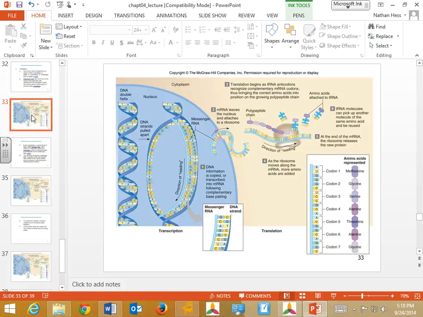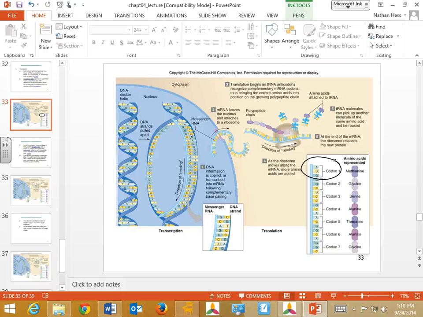And you can see that these 3 bases are called a codon. I'll point to them right here. Each group of 3 of these bases is what we call a codon. And those 3 correspond to a certain amino acid. The example they're giving you here is that AUG is methionine.